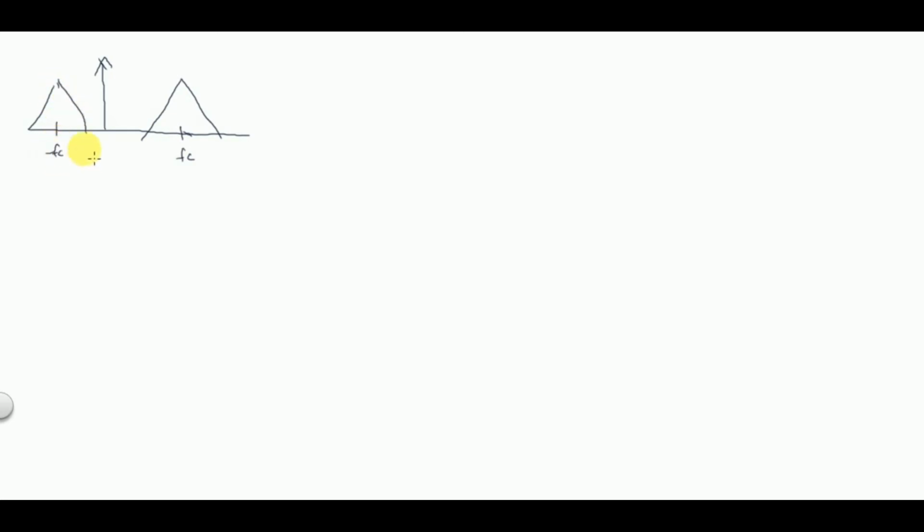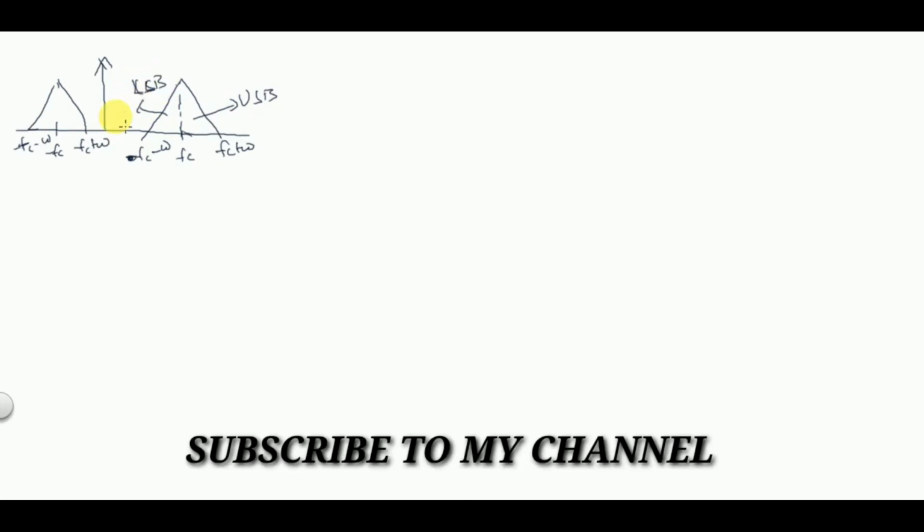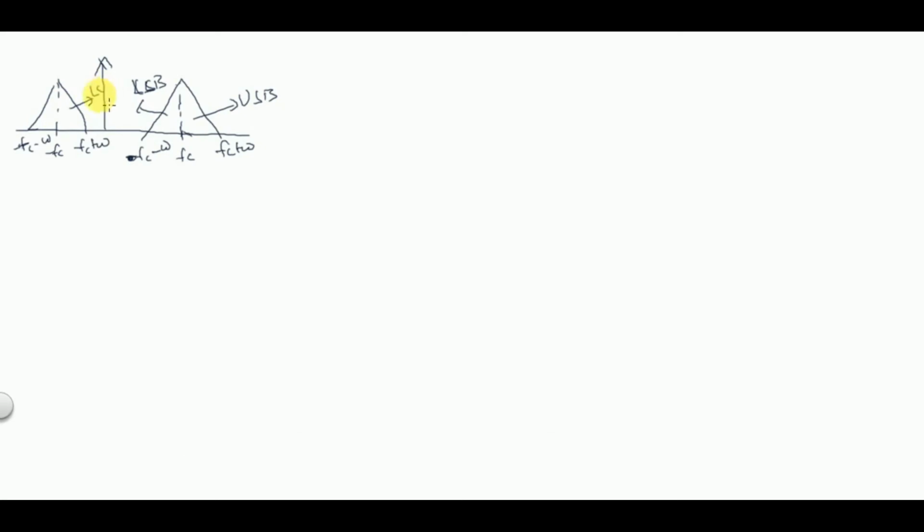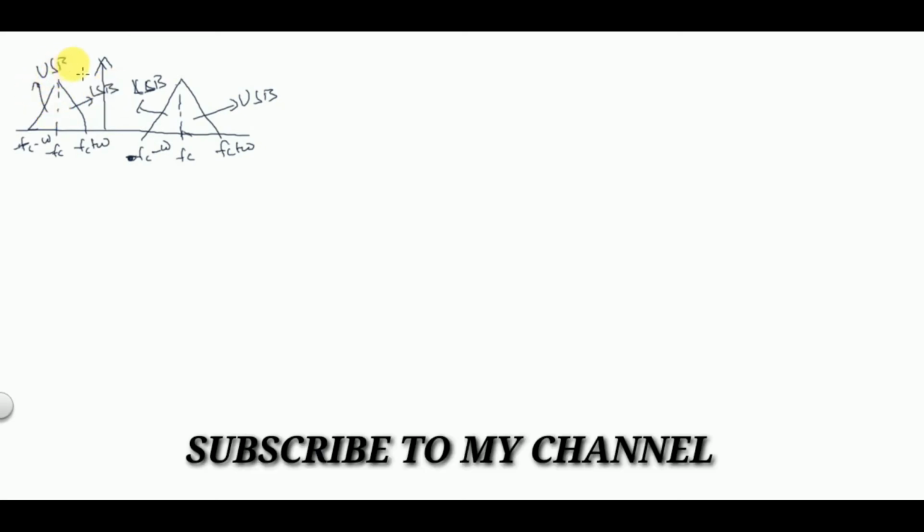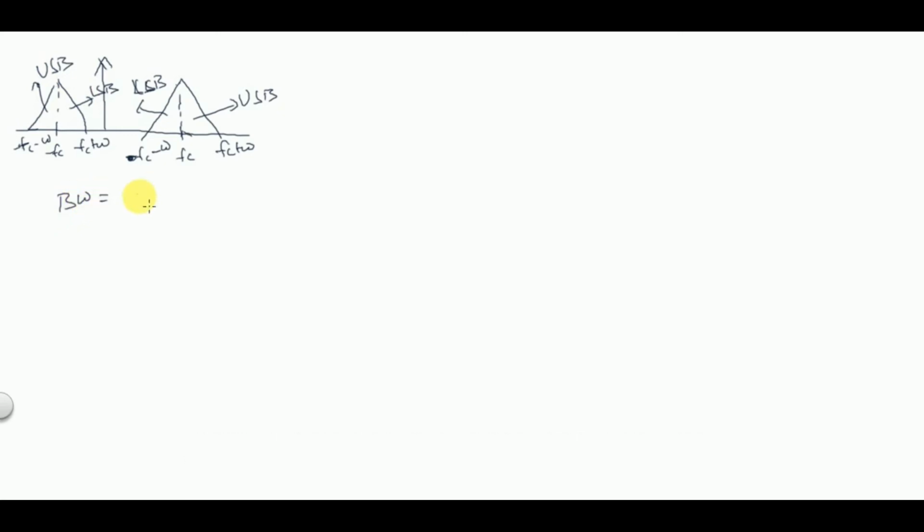This will be minus fc, minus fc plus W, minus fc minus W, fc plus W. There will be no Ac here. This is the upper sideband and this is the lower sideband. This is an LSB term, this is again an LSB term, and this is a USB term. Bandwidth is fc plus W minus fc minus W, which is again 2W, twice the message signal bandwidth.